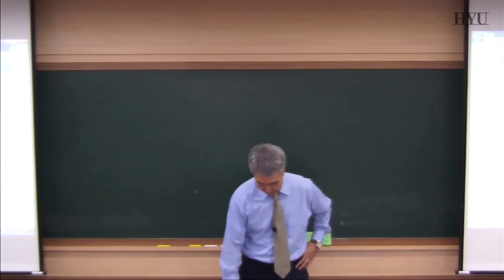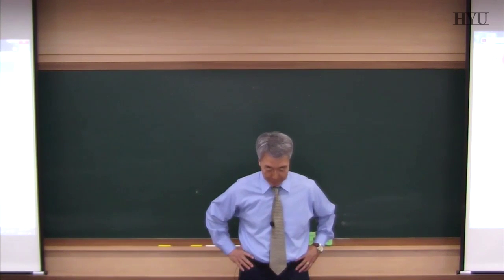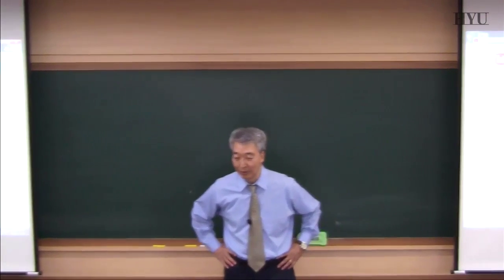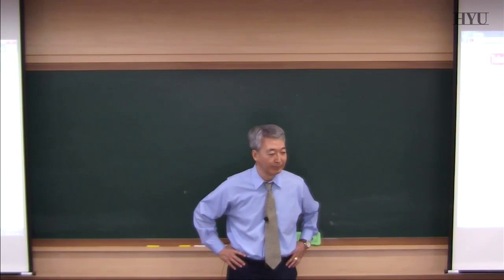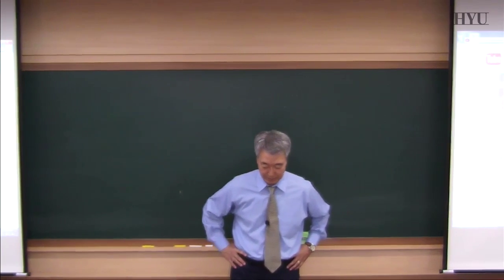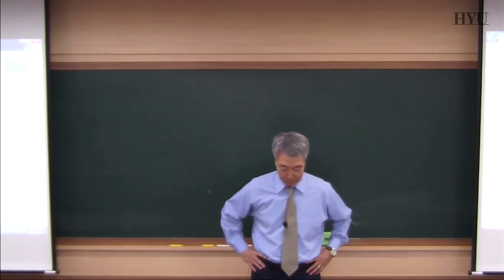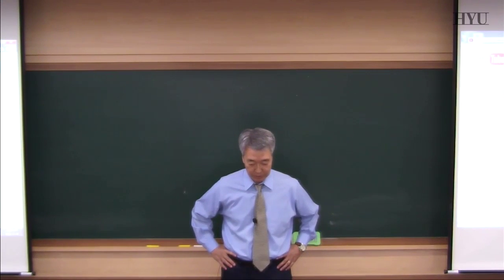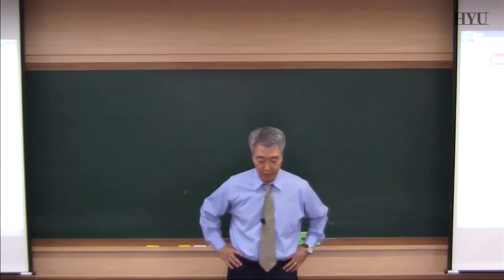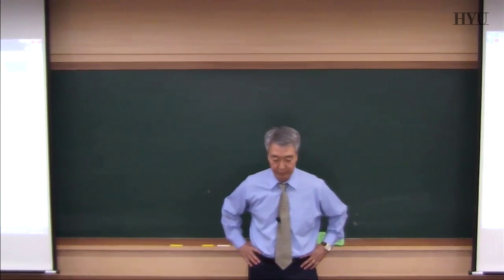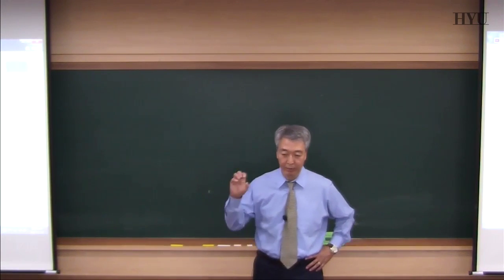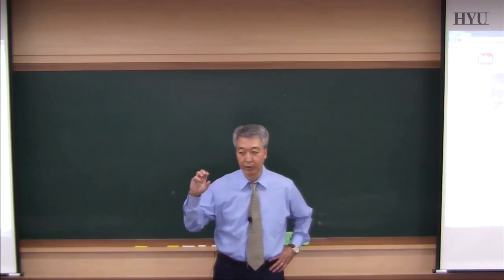What are derivatives? Anybody know? What's derivative in Korean? 파생상품. Yeah, that's good. So derivatives refer to some financial instrument, value of which is derived from another asset. So the value of this particular financial instrument depends on another asset.